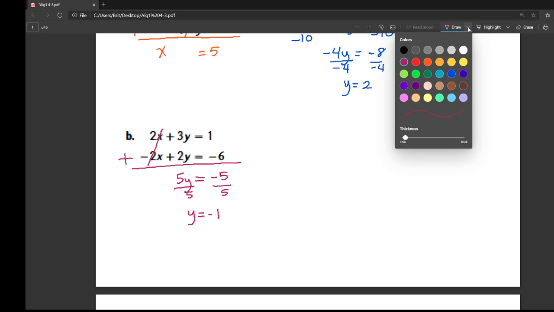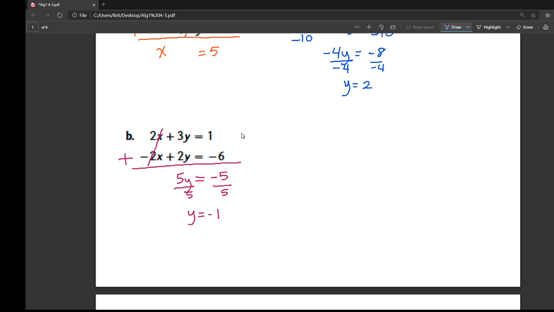And then again, it doesn't matter which equation I go to, but I can plug into one of these equations. Again, I'm going to do the top one just because it has fewer negative numbers in it. I think that's a little less intimidating, right? And remember, when you substitute this y into the equation, make sure that you're using parentheses. Otherwise, you'll look like you're saying 3 minus 1, which isn't true.